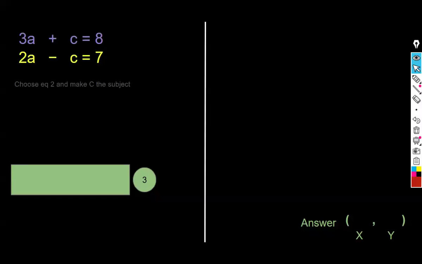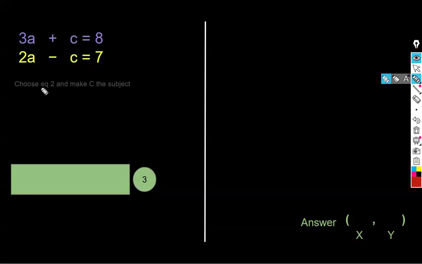Right. So sometimes in the exam, they will bring a simultaneous equation, but it doesn't have to be x and y. You'll realize you could use any two letters in the world, right? So I used A and C for this example. I want you all to pay attention to the rules. Now this time, just to make it a little bit harder, I want you all to choose equation 2.